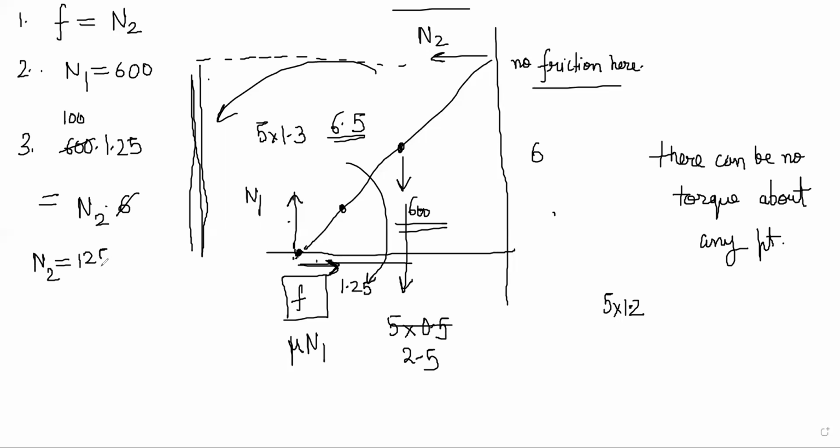So N1 is coming as 600, N2 is coming as 125. So force at this point is 600 and F is equal to N2, so this is 125. And therefore the resultant force now you can find out.